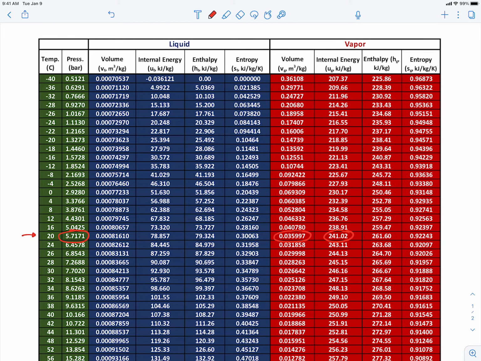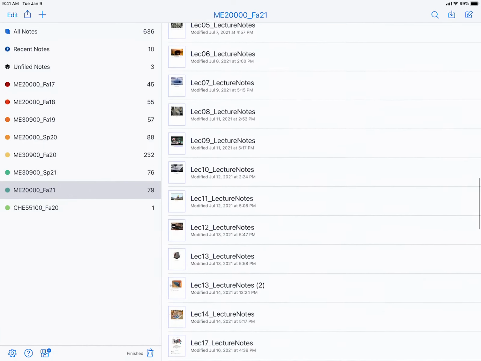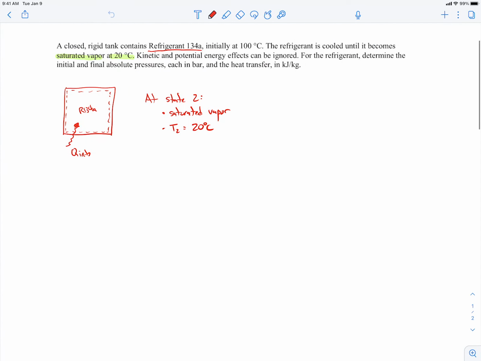So we just have to remember those numbers. And I've got them written down elsewhere, so I don't have to remember them. But let's go back and write them here. And so we can use that information with the saturated liquid vapor mixture table to find that P2 is 5.7171 bar.